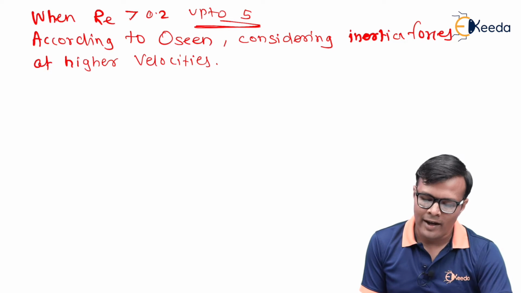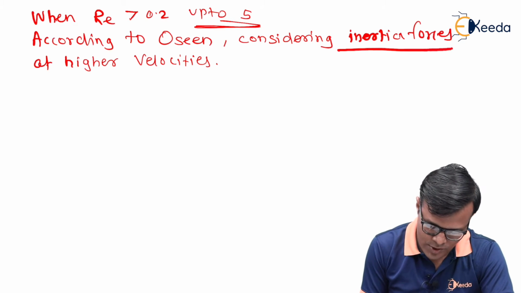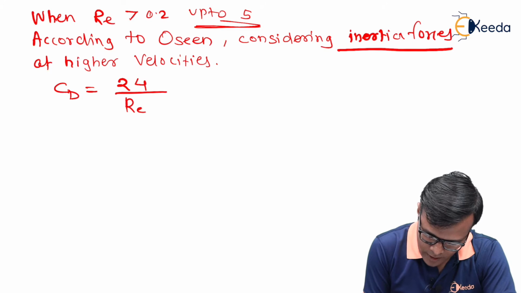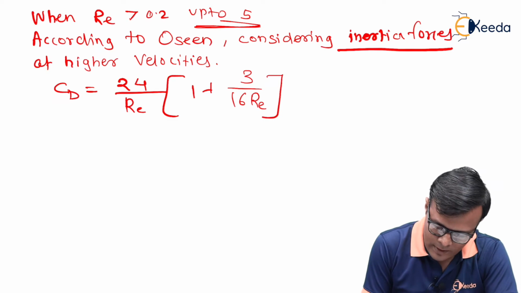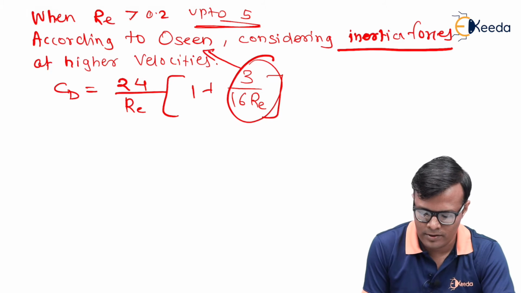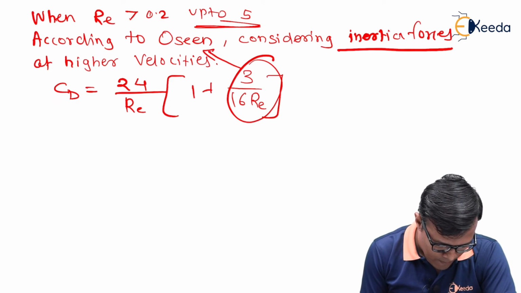So at higher velocities we have to consider inertia forces, and after considering inertia forces, the revised value of Cd is 24 upon Re in bracket 1 plus 3 upon 16 Re. This new term 3 upon 16 Re was added by the scientist Oseen to the initial value by Stokes.